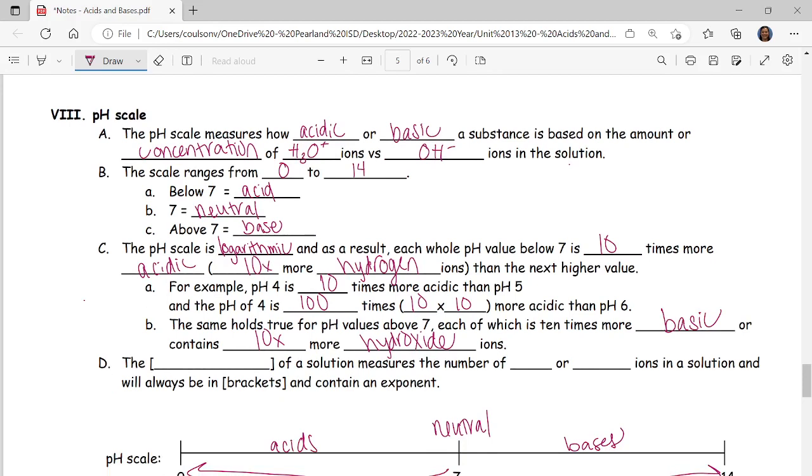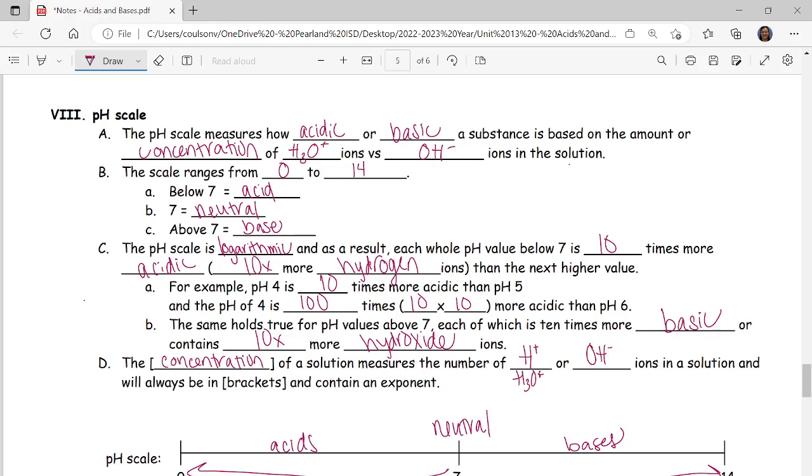And then finally, in these brackets, the concentration of a solution measures the number of hydrogen ions or hydroxide ions. Remember that this could also be H3O+ hydronium in a solution, and it will always be given to you in brackets, and it'll contain an exponent.